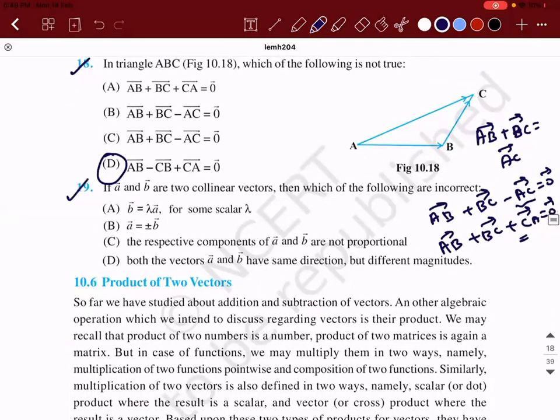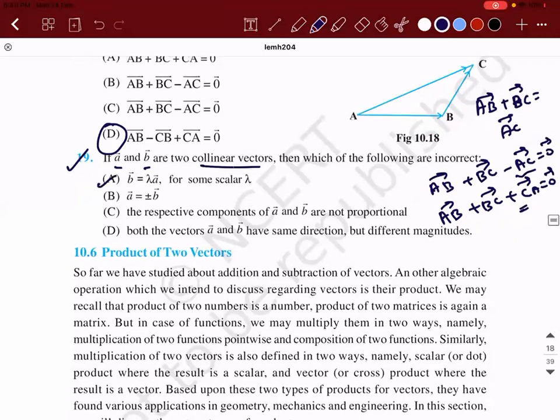19th. If A vector and B vector are two collinear vectors, then which of the following are incorrect? B vector is equal to lambda times A vector, correct? It is correct. A vector is equal to plus or minus B vector.